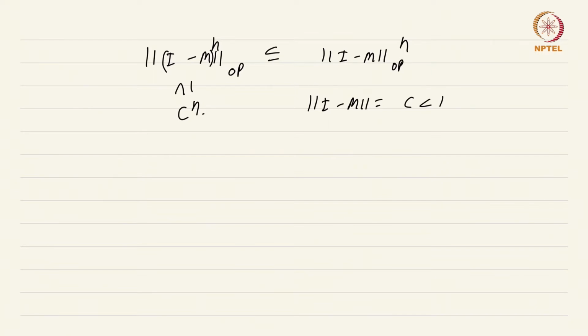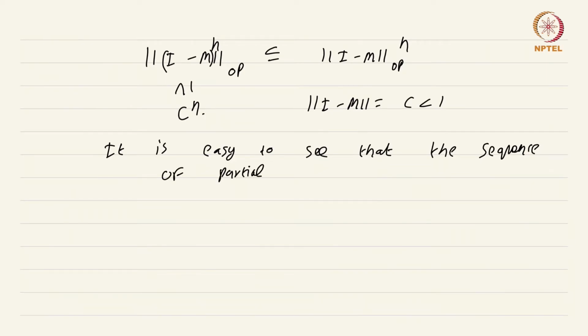Okay, now this is easy to see that the series is Cauchy, or rather the sequence of partial sums is Cauchy.